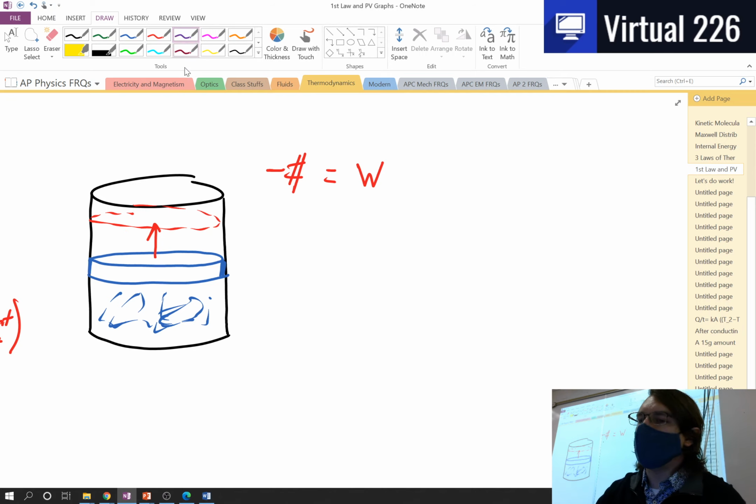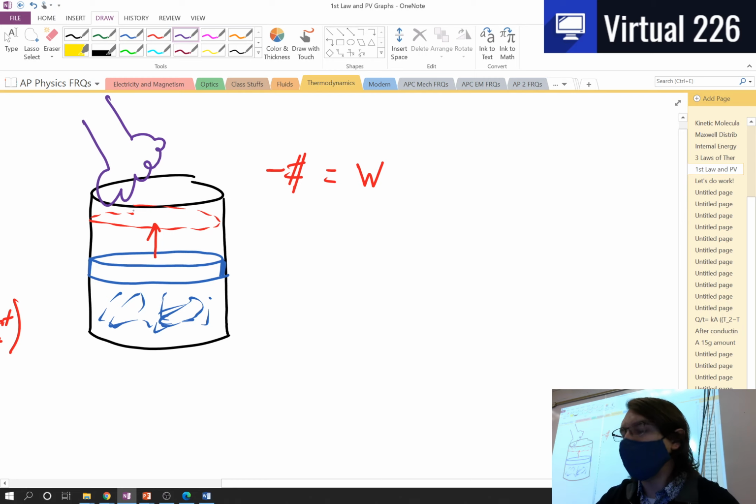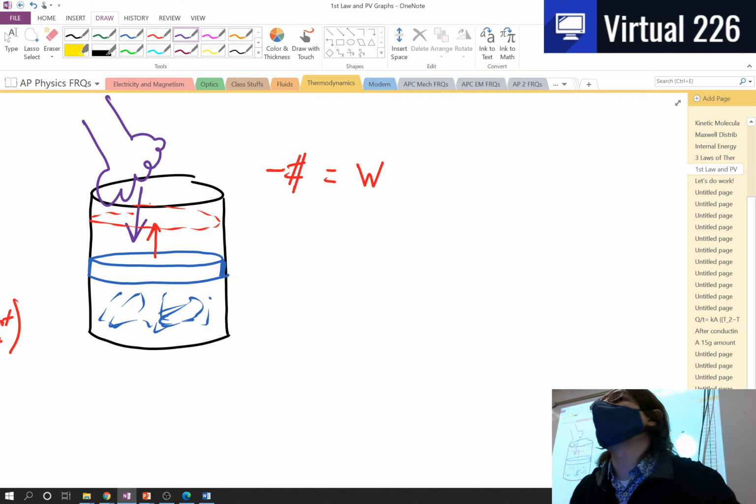On the flip side, if you took your hand, which will be crudely drawn in a purple fashion here, and you pushed down on this lid and compressed that gas, you would be doing work on the gas.